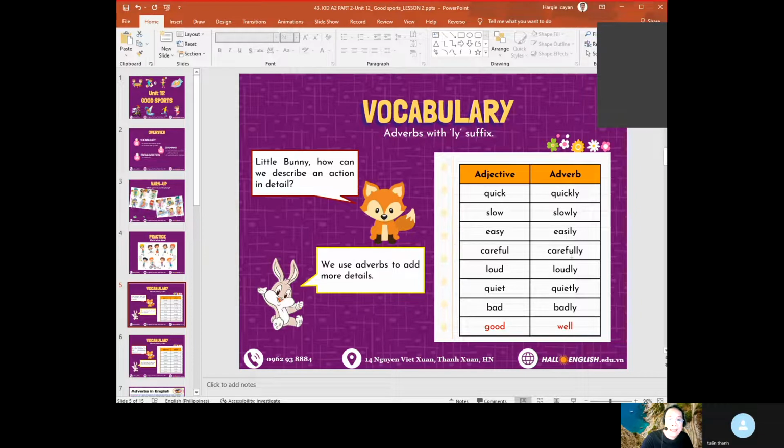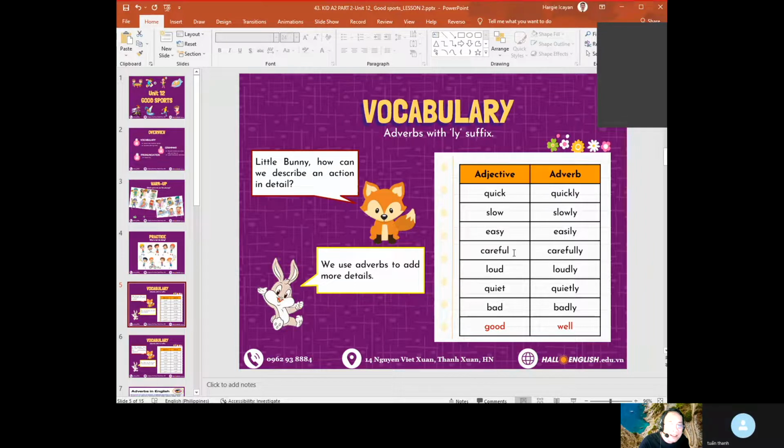Got it, B? And then if the adjective ends in a consonant preceded by a vowel letter, what we can do is double the last letter. So what's the last letter of the word careful, B? What is the last letter of the word careful?